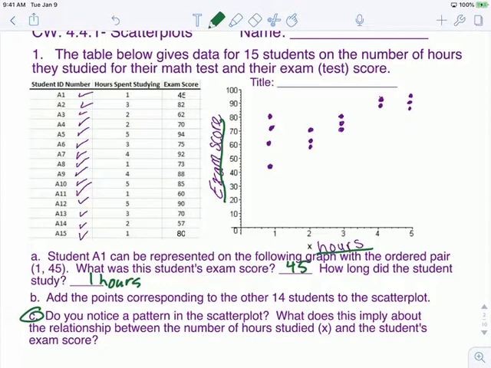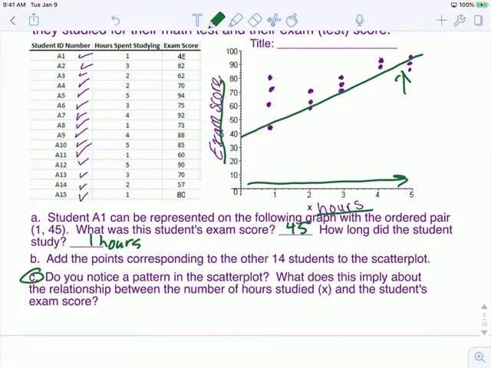So it looks like there's a pattern. There are some points that seem to break this pattern, but there seems to be a trend going on, and that is that the score is increasing as you study more hours. So it seems like the longer you study, the higher the score.